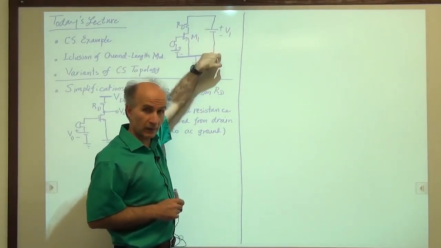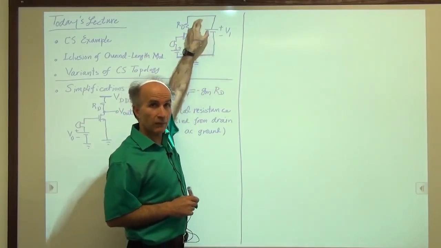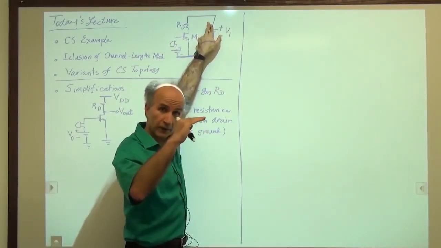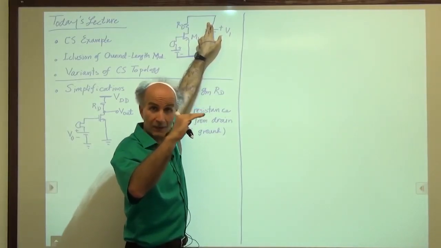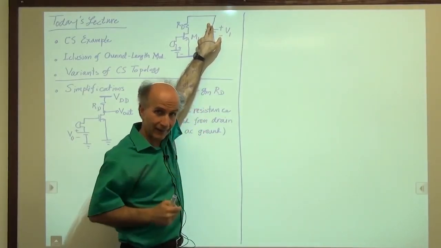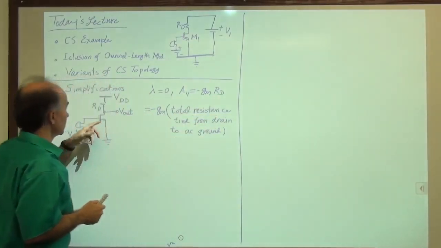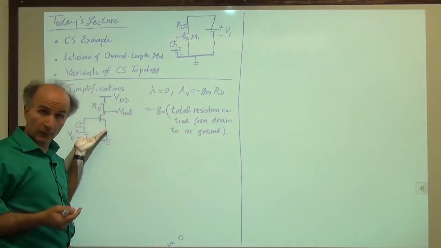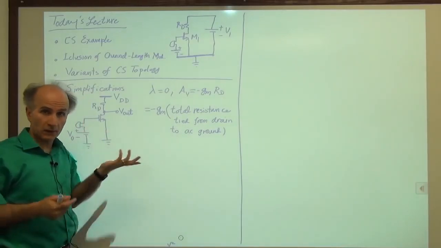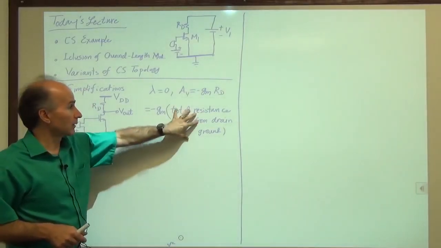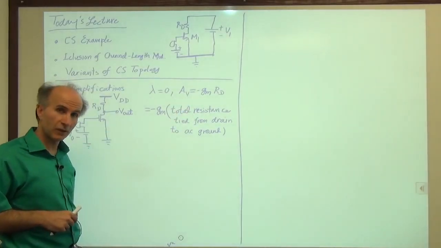And that ground is called an AC ground because its voltage does not change with time. It has a DC voltage, some amount, 2 volts, but it doesn't change with time, so it's called AC ground. And what we see here, RD, is all of the resistance. Now in this simple case, there's just one resistor, not a big deal, but as the circuits become more complex, we want to remember this verbalization of the result.